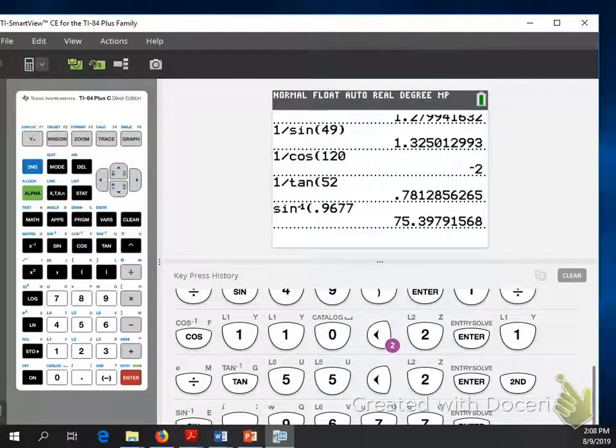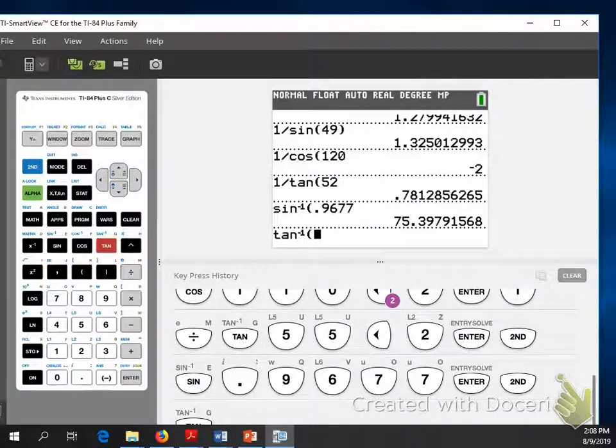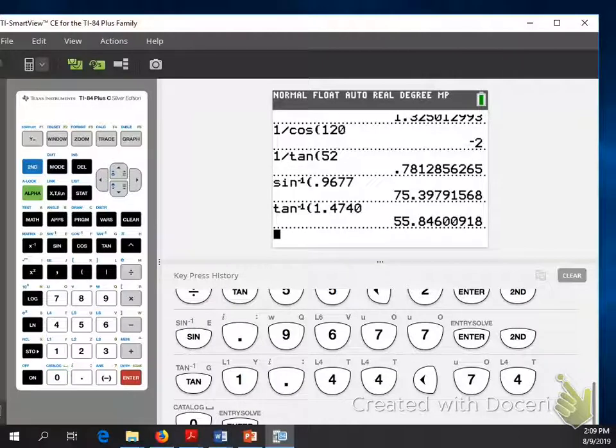And so your angle measure is 75.4 degrees. Okay? Same thing for tangent of theta there. We want theta by itself, so we have to second inverse tangent, and then type in 1.474740, and get 55.8 degrees. Now look at the last one, secant theta.